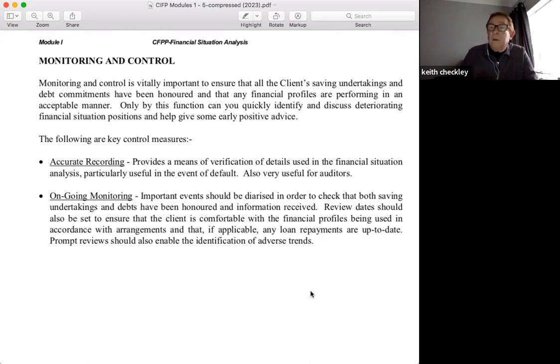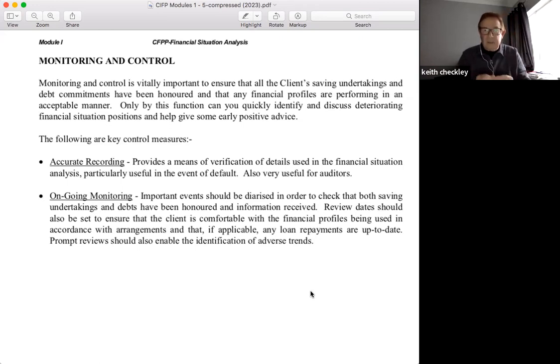Also, we haven't asked about Mrs. Edwards. Is she looking after the children full time at the moment, and will she be returning to work if she's worked before? That's going to help the situation if she's got an income stream coming in as well.